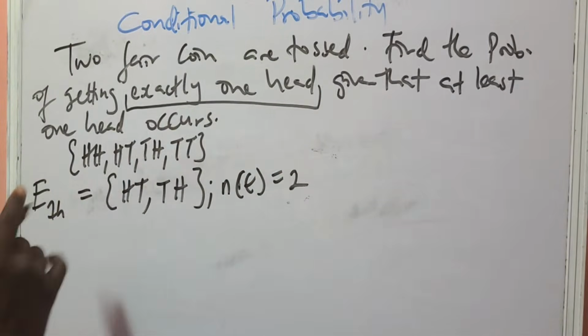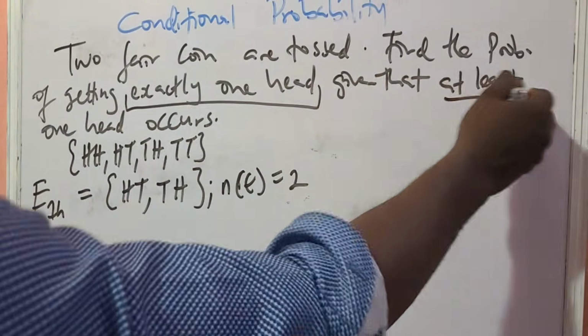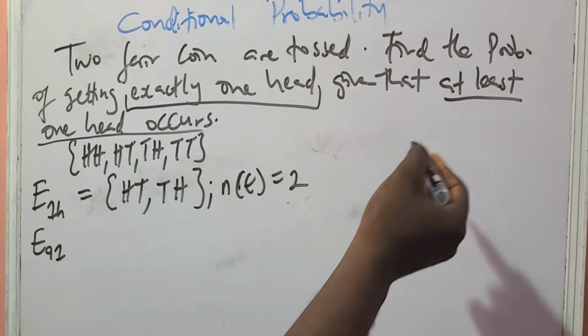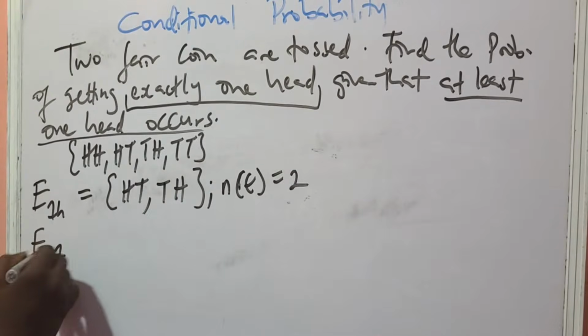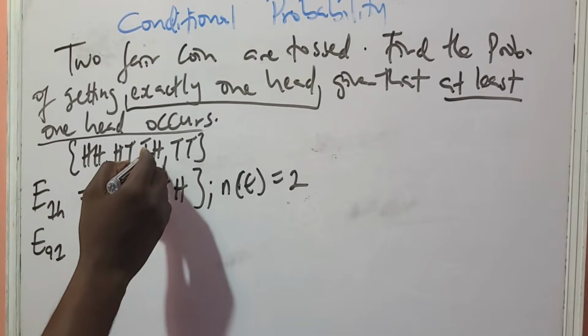Good. Now, given that at least one head occurs, that's another scenario. So how do we write this? Let me just write A1, so you understand what I'm doing there. I'm just trying to name it accordingly. So at least one head. What's the event space for at least one head?